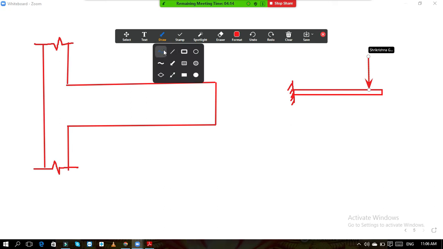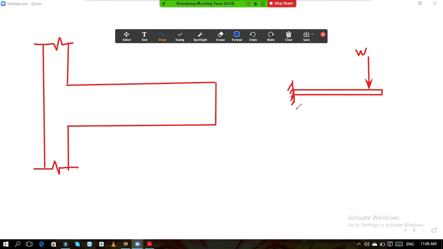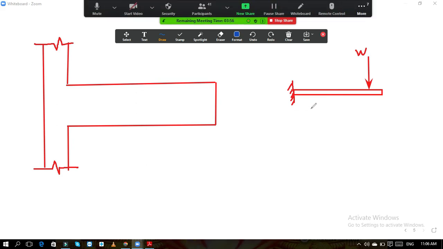Suppose the load is W and the span is L. Now due to this load, what will happen to this beam? It will deflect like this.